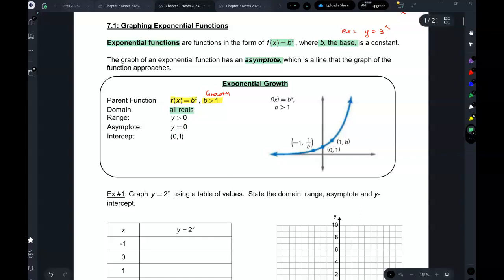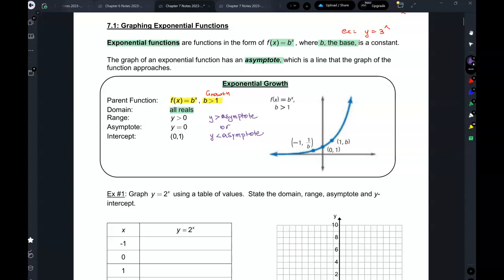The range has to do with the asymptote. So for example, whatever the asymptote is, the range is going to be either y is greater than the value of the asymptote or y is less than the value of the asymptote.